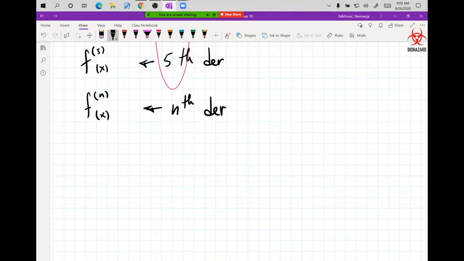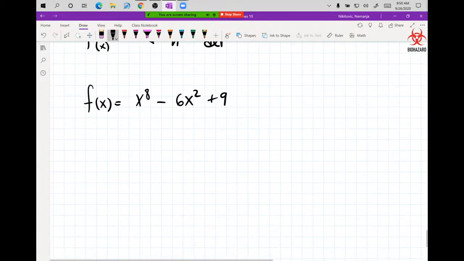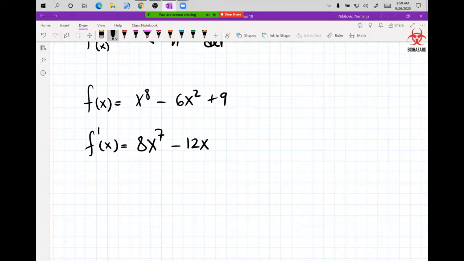So if you have your function given as f of x is equal to x to the 8 minus 6x squared plus 9, you can find the first derivative, writing 8x to the 7 minus 12x, and then that's a 0 when you take the derivative.